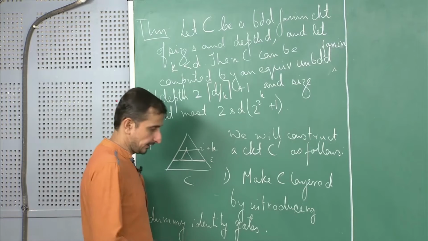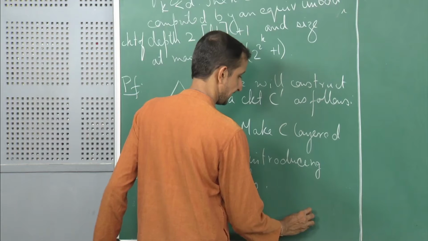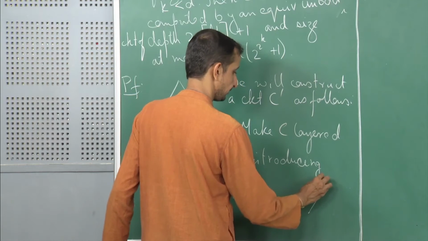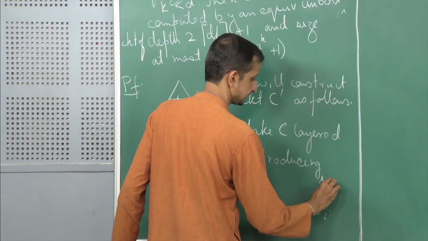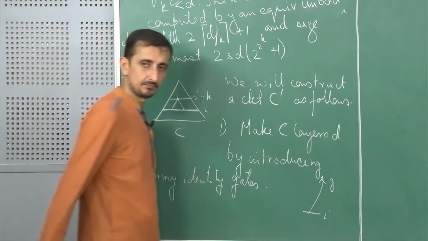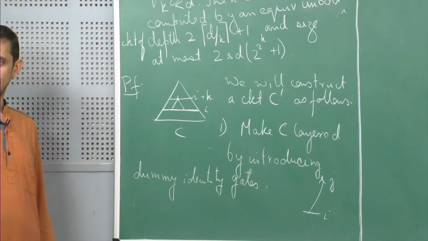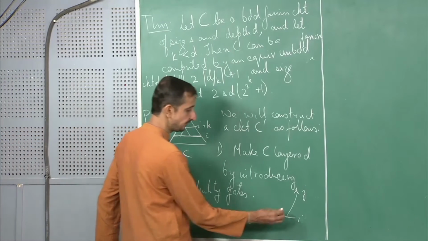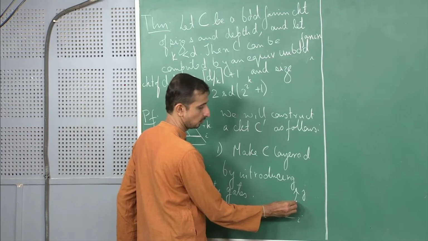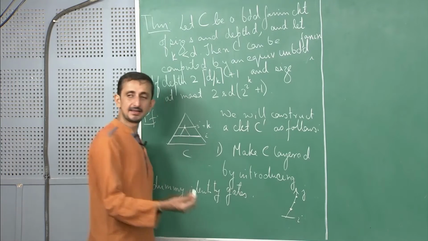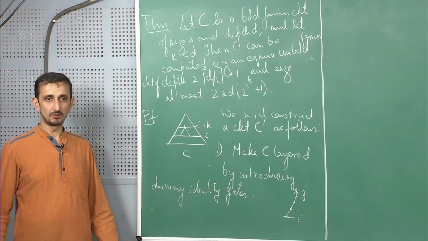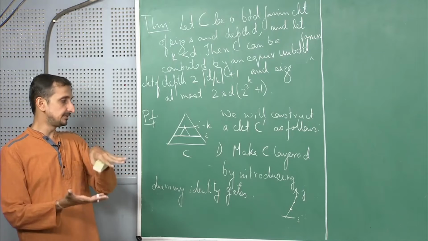Essentially, suppose I have an edge going from some layer i to some layer j, and j is greater than i. Then I will introduce dummy gates over here, which are identity gates. Whatever they take as input, they just send the same thing as output. This is to make it layered.